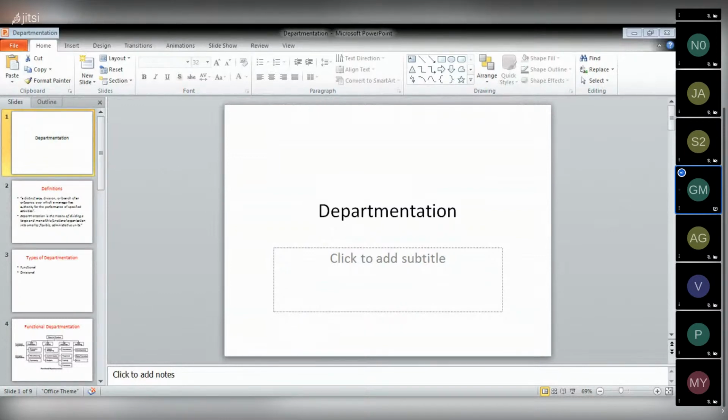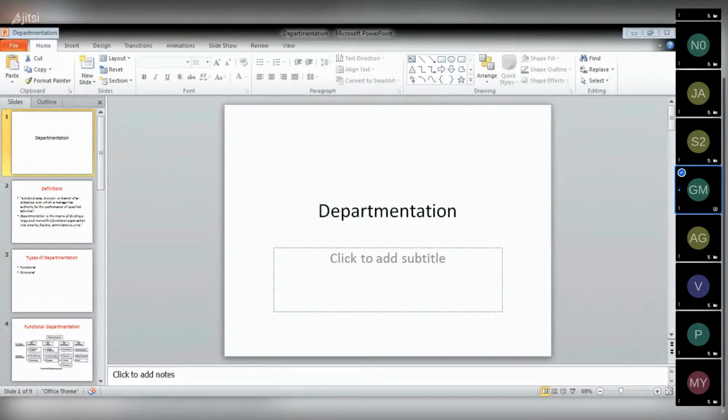Are you able to get the definition? Right? Departmentalization is nothing but the grouping of different jobs, processes, and resources into logical units to perform certain organizational tasks.